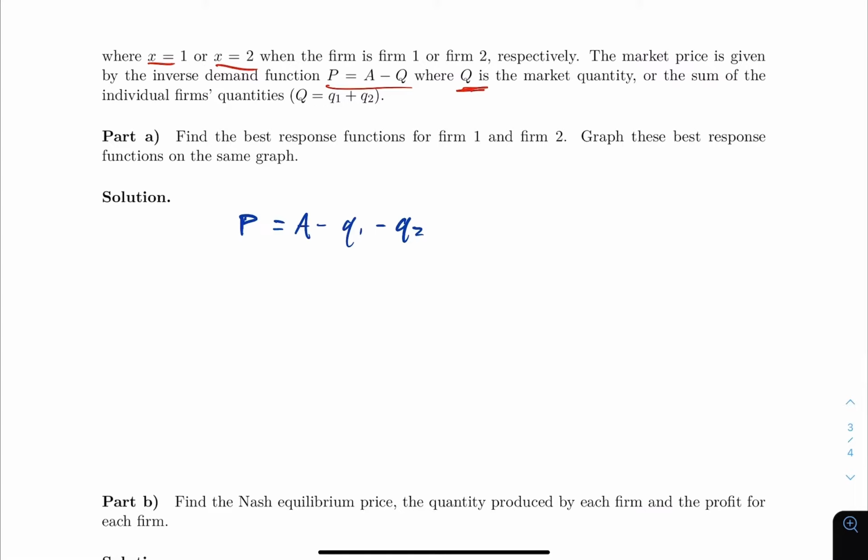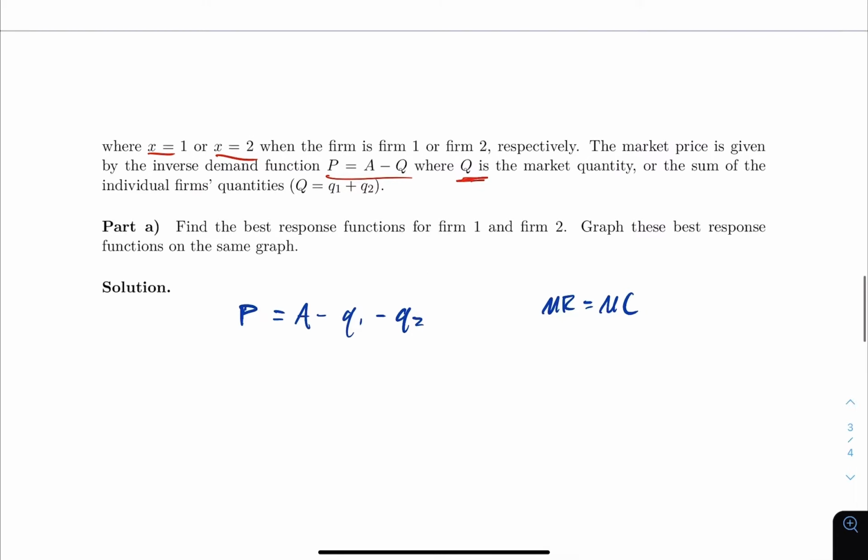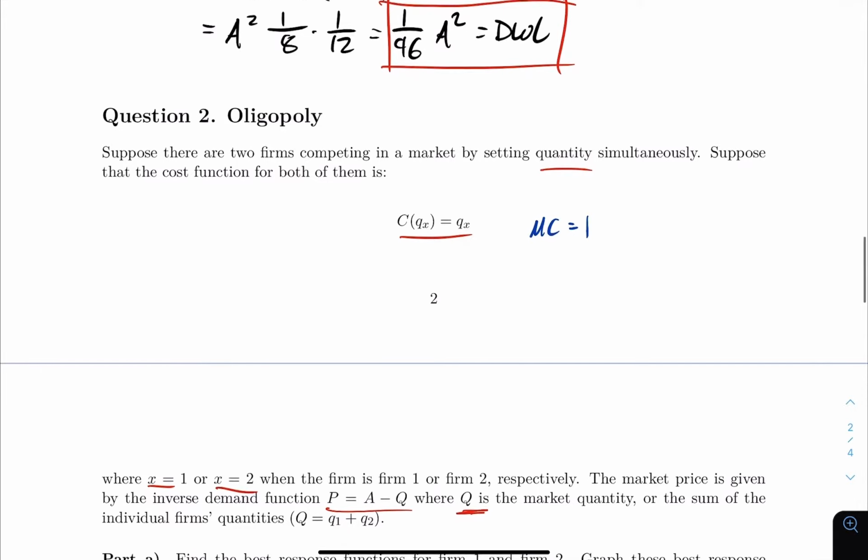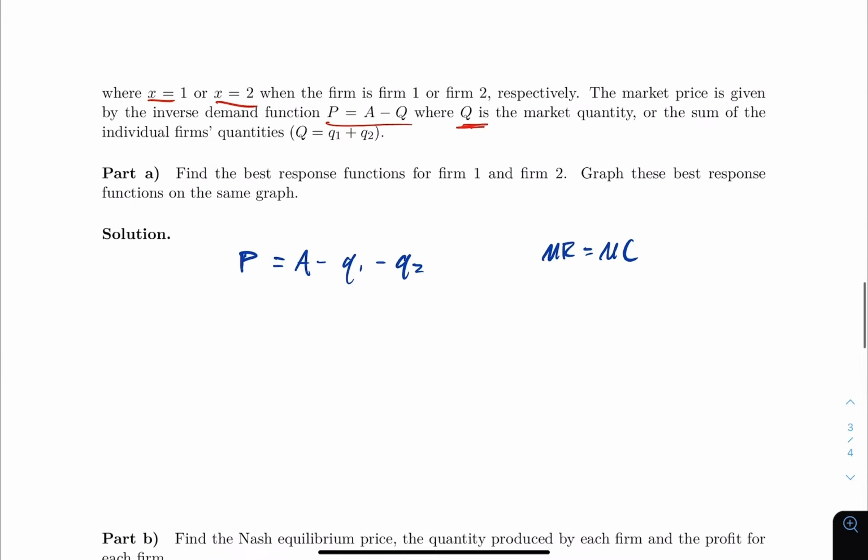So the next thing to do is to find where MR is equal to MC. To do this, we need to find both MR and MC. MC is just 1, and MR is the derivative with respect to Q. Let's do this with respect to Q1.